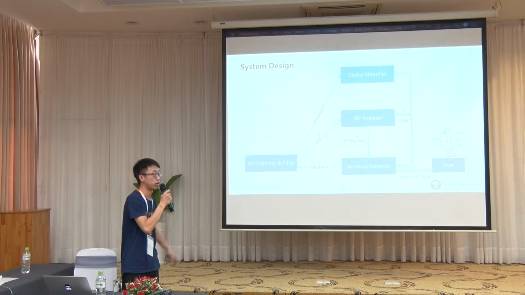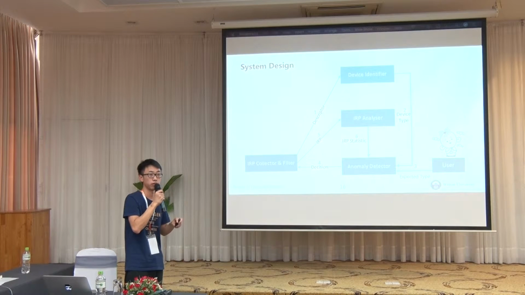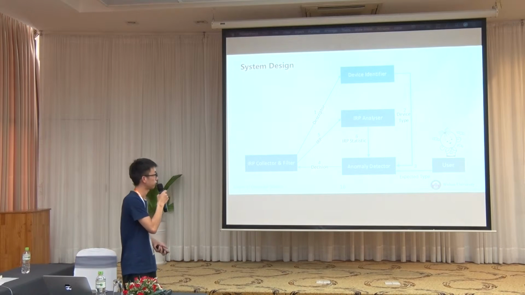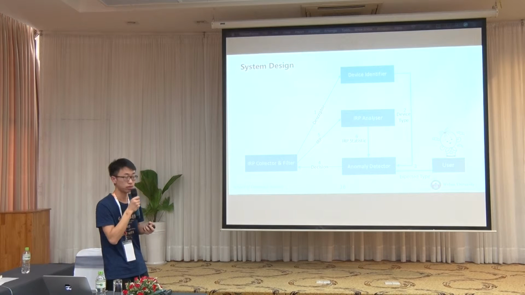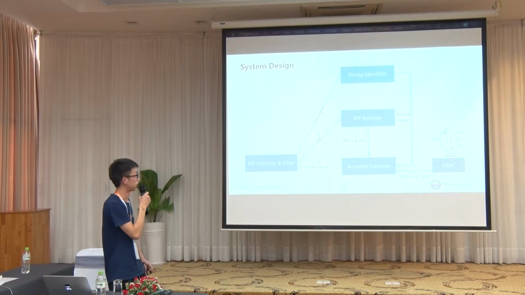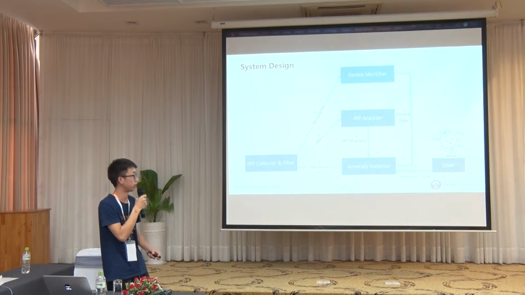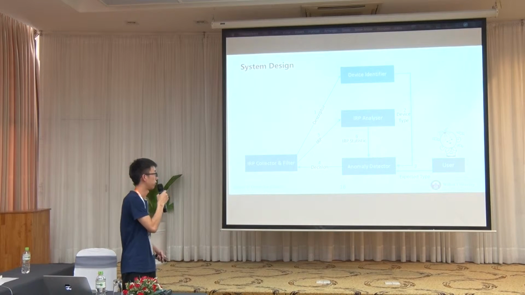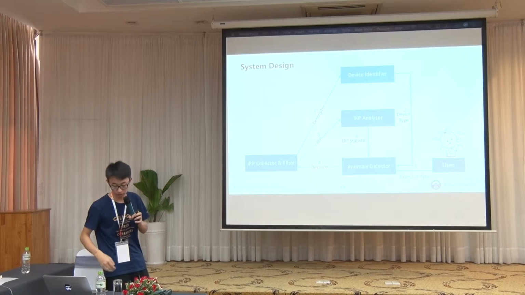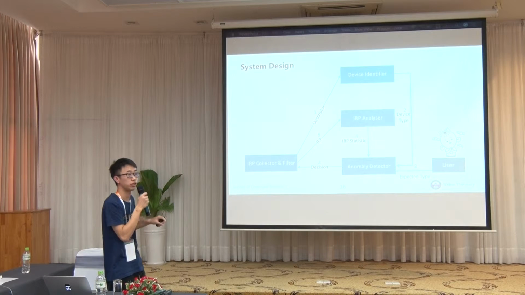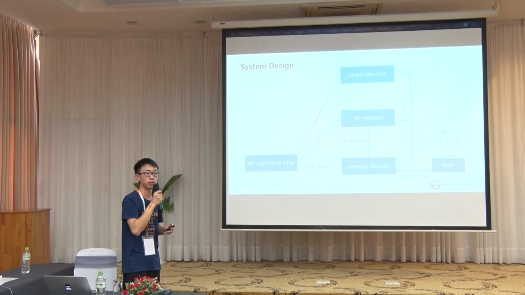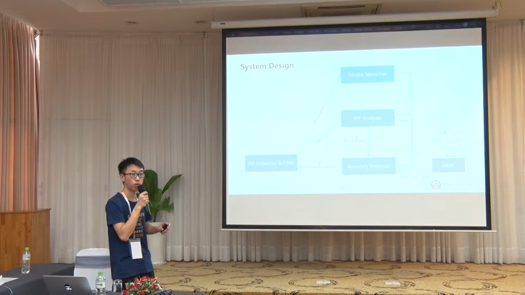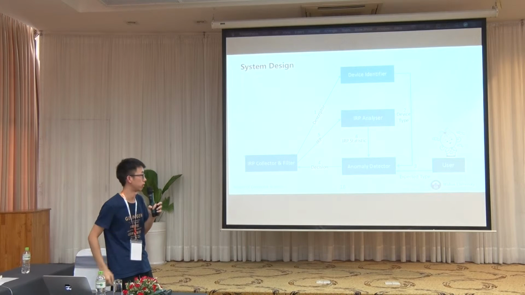And then the anomaly detector will find if the vector is right or wrong, based on the predefined rules and maybe some machine learning algorithm. And then it will send the decision to the IRP filter. And if the decision is that the device is doing some attack, the IRP filter will drop all the IRPs from that device, so the attacks will fail in the end.